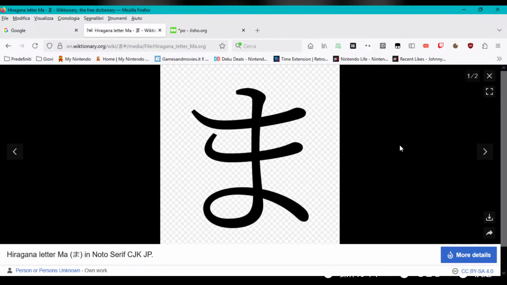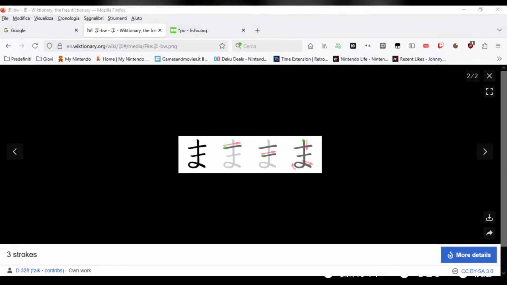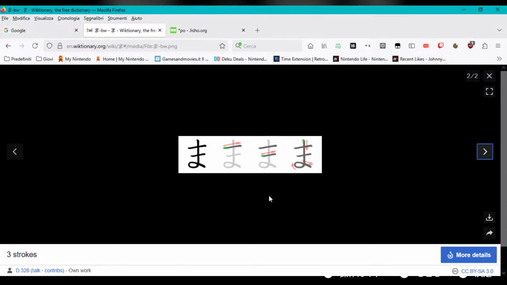We start with ma, similar to the right part of ho we have just seen, but with this protruding part at the top. As usual, we start left to right, top to bottom with the circle. Left to right, top to bottom with the circle. As we can see here, it's also easier.